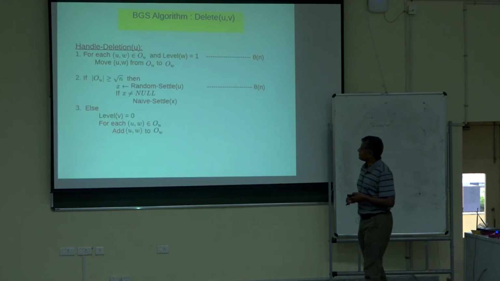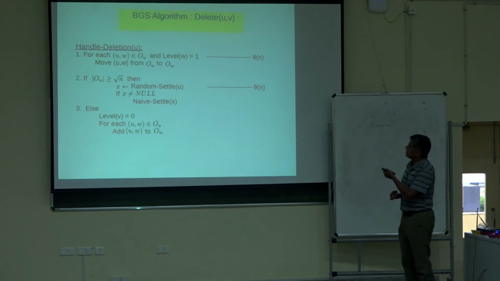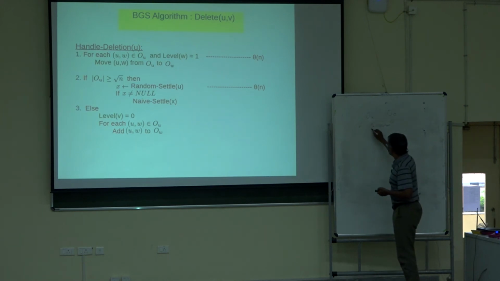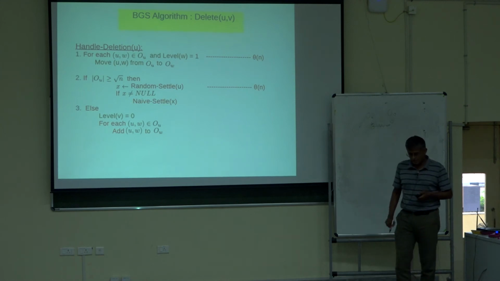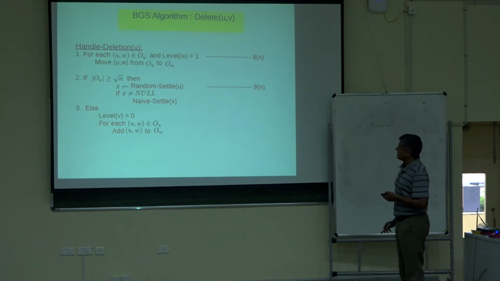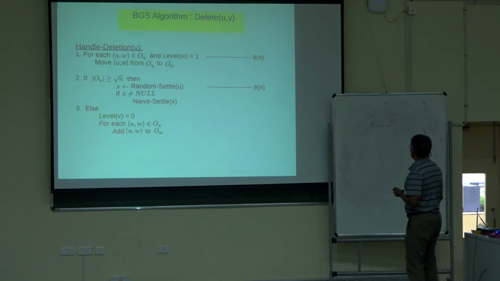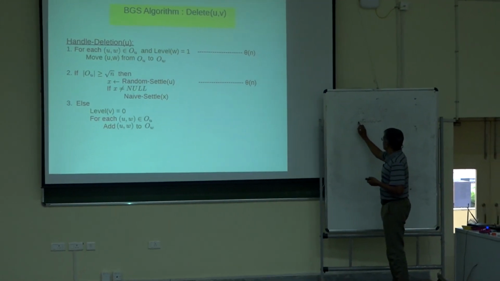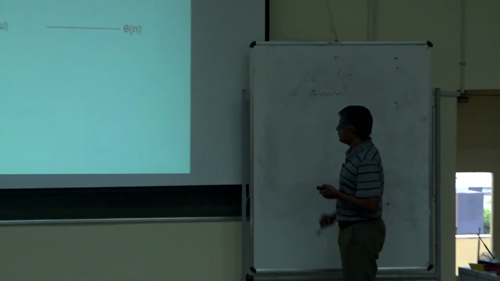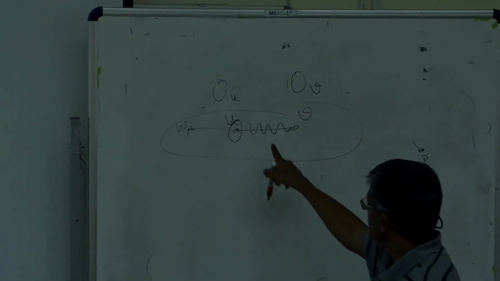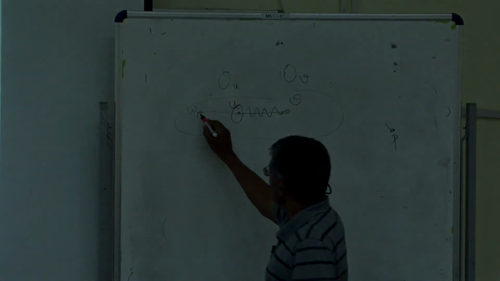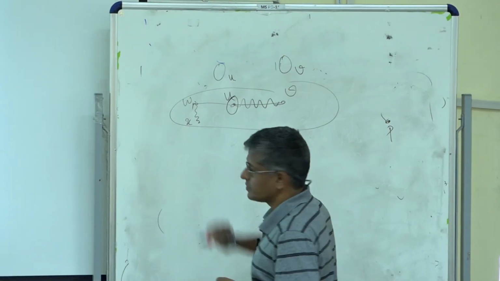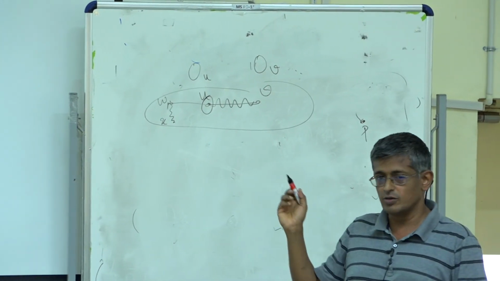Alright. So the first thing that happens is, let's consider this handle deletion function at one of the two endpoints, which is U in this case. So you may own an edge to W, but it's kind of become single. W is already matched to somebody else. Let's call this person X, because W is at level 1.